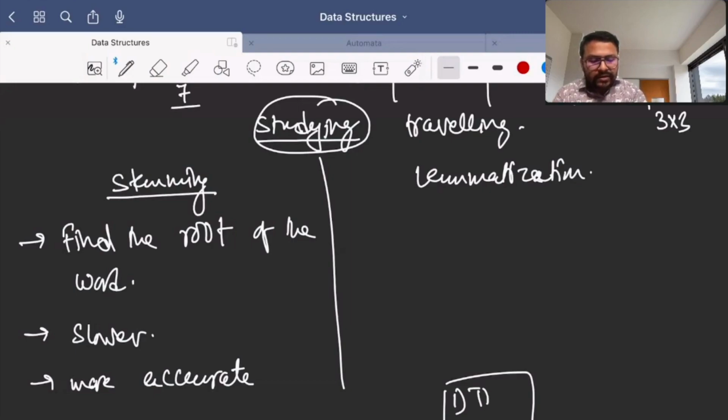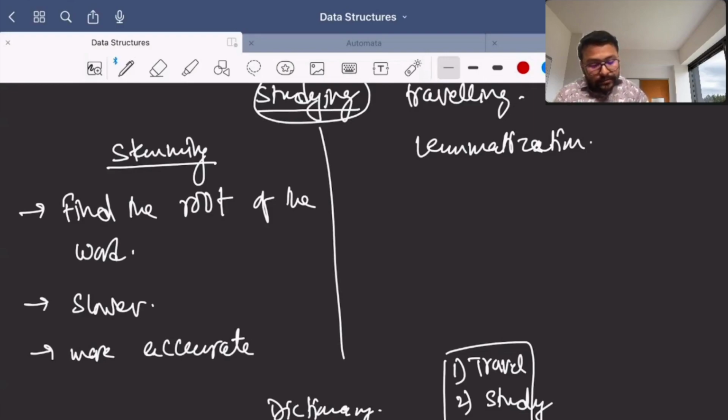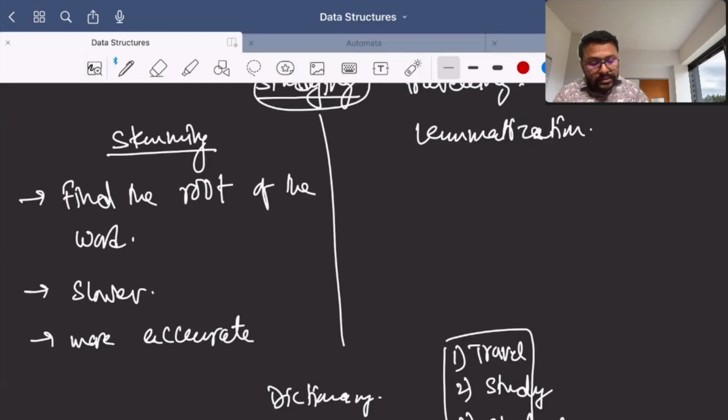Let's say travel is a word, then we have a word study, then the word student, then the word city, and another word, country. Obviously a dictionary will have more than 5 words. Here we are just taking an example.